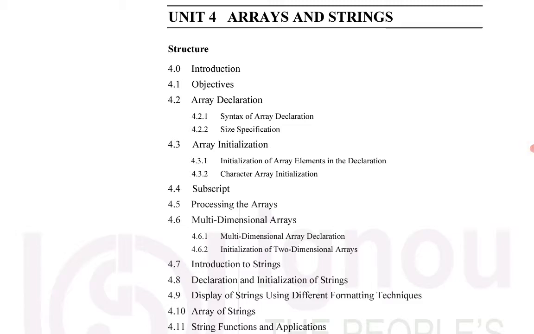What are numeric arrays, what are character arrays, what is a subscript, what do you mean by index variable, how to process arrays, different types of arrays, and multi-dimensional arrays. Basically arrays are of two types, one dimensional arrays and two dimensional arrays. Next we will discuss strings. So today's topic is up to arrays.